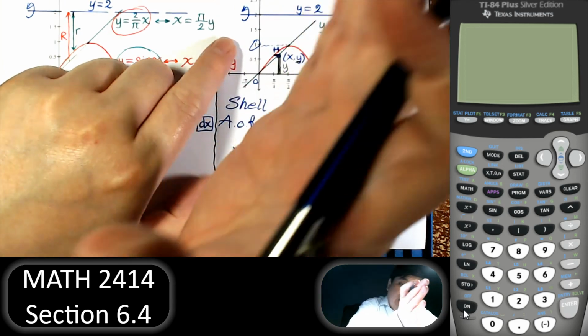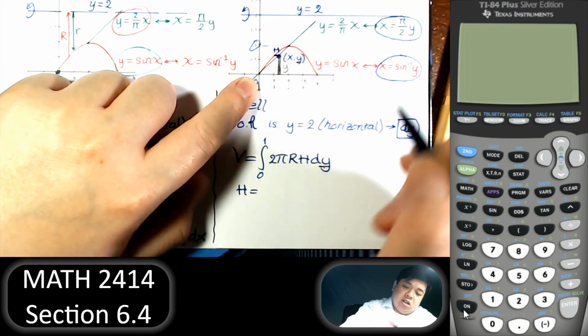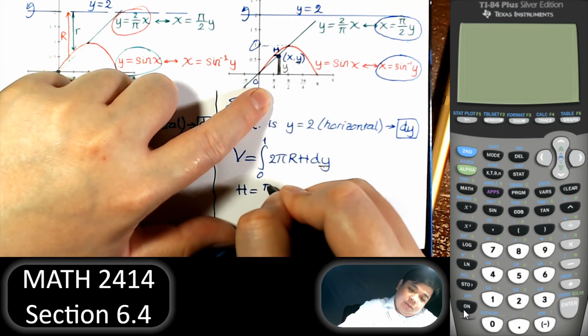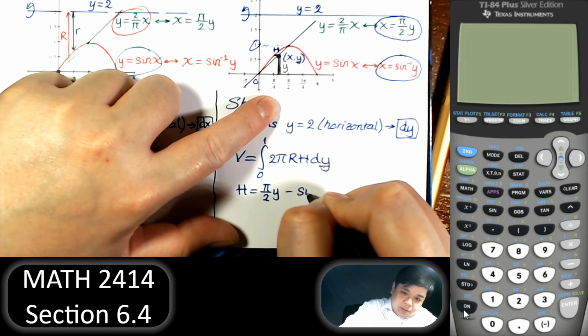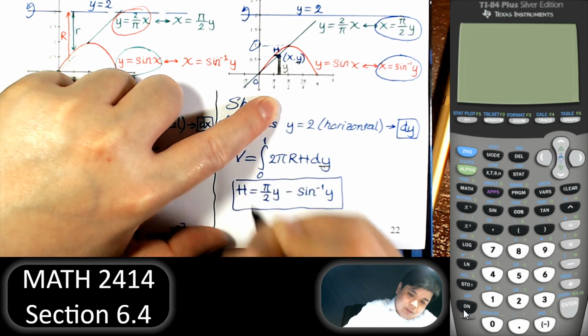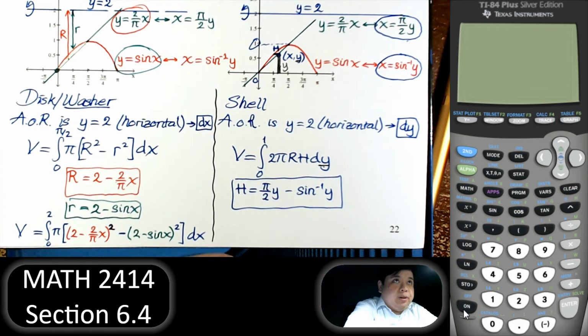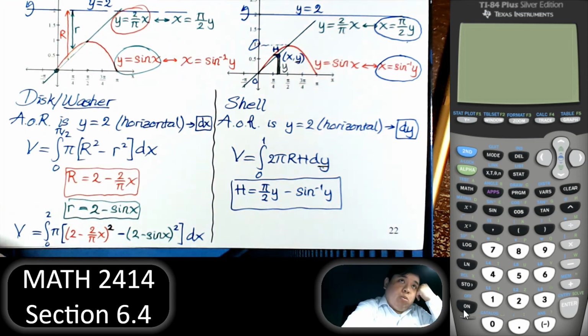The function on the right, the line, minus the curve. That is h, the height, parallel to the axis of rotation.